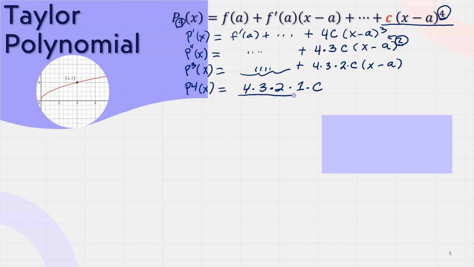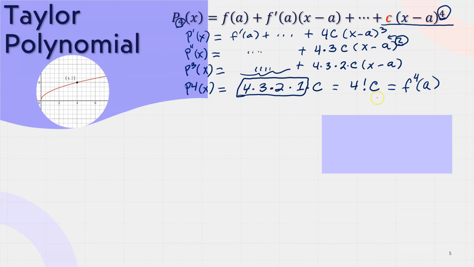So this right here, as you can see, is 4 factorial times c. Now, we say that this fourth degree polynomial is the best approximation when the fourth derivative of the polynomial is going to have to equal the fourth derivative of the function value at a.